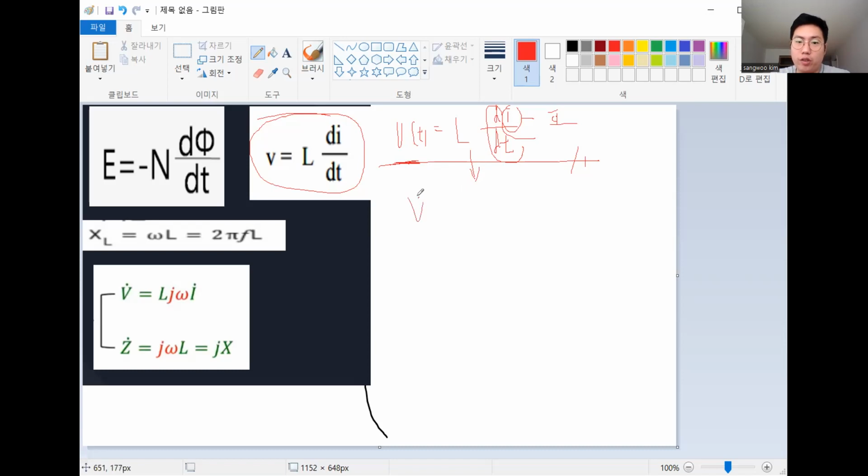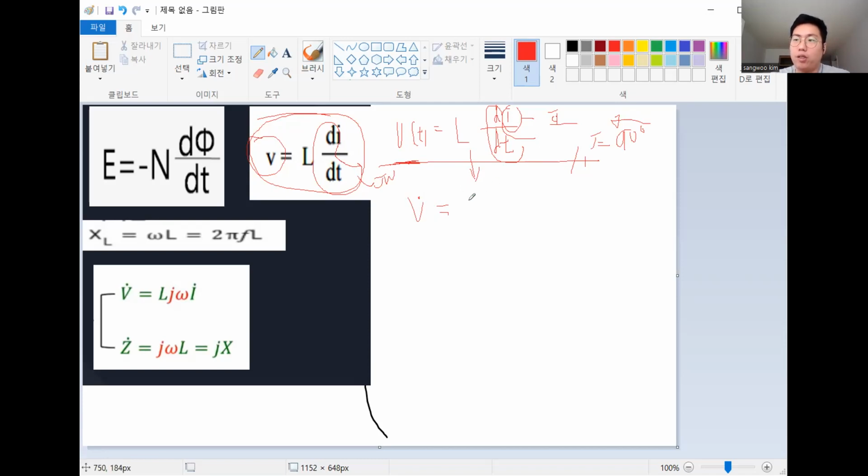So V phasor. You remember d/dt becomes j omega, which means j is 90 degrees lead. You know what I mean? So that's why the voltage leads, and the current lags in the inductor, right?